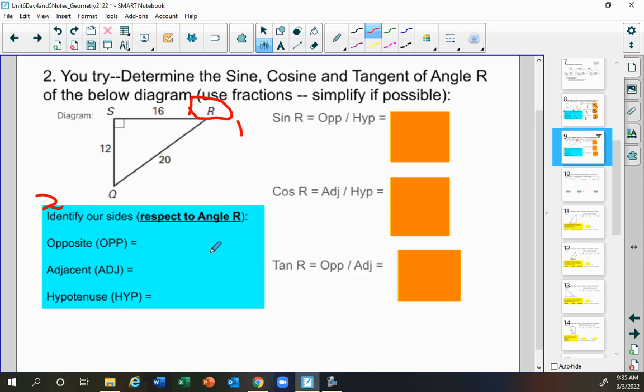So you have to identify the opposite, adjacent, and hypotenuse. Well, out of the 3, what's the most obvious one we can identify right away? 20 is the? Right away. That's the first thing I would identify out of the 3.